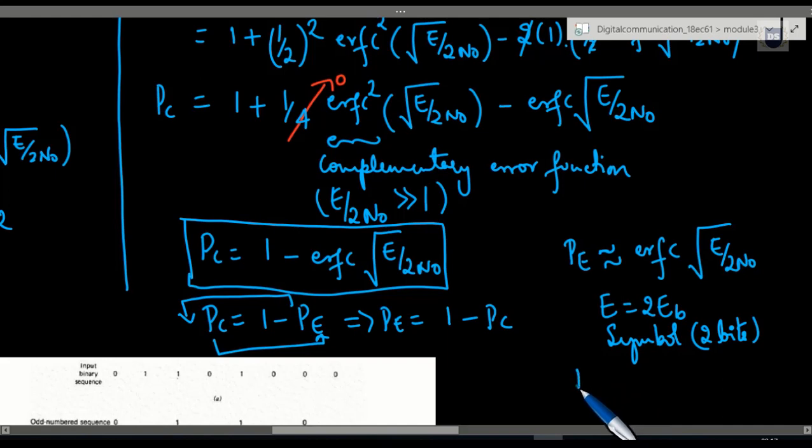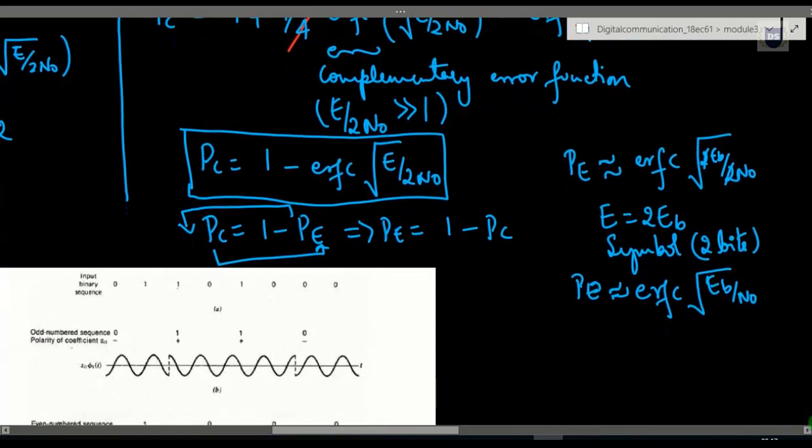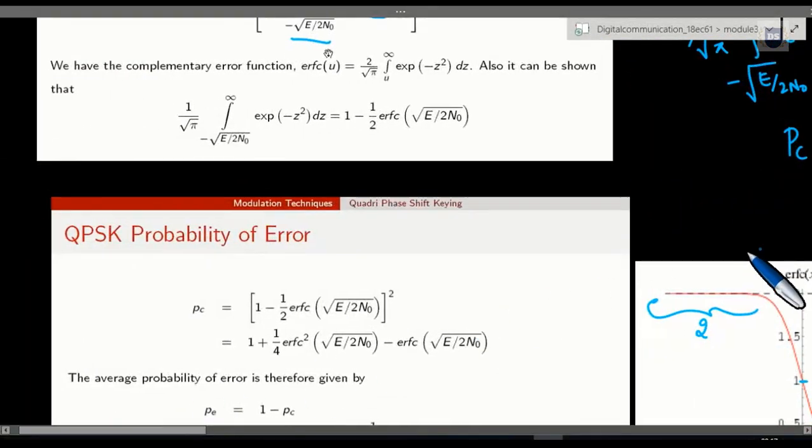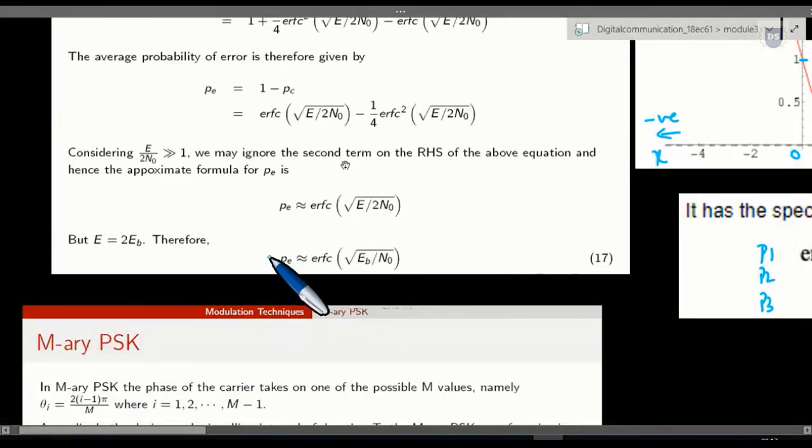So the probability of error is approximately equal to the complementary error function of, in place of E, if I substitute 2 times Eb, the 2 gets cancelled and I'll be left with Eb by N naught. So this is the probability of error for QPSK. We have done the same thing over here and arrived at this formula.